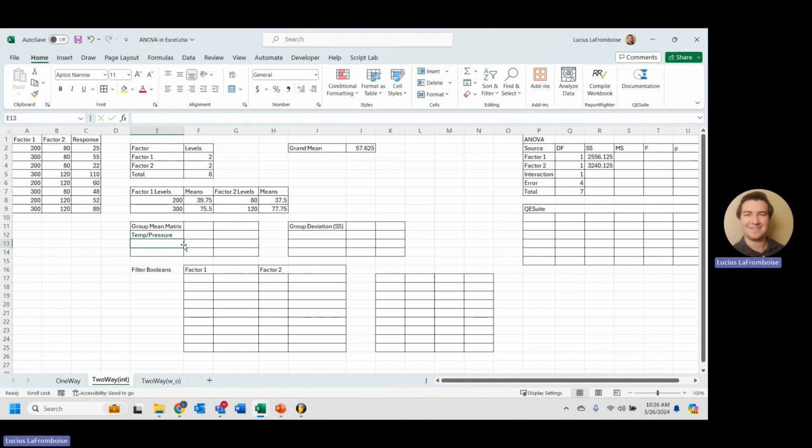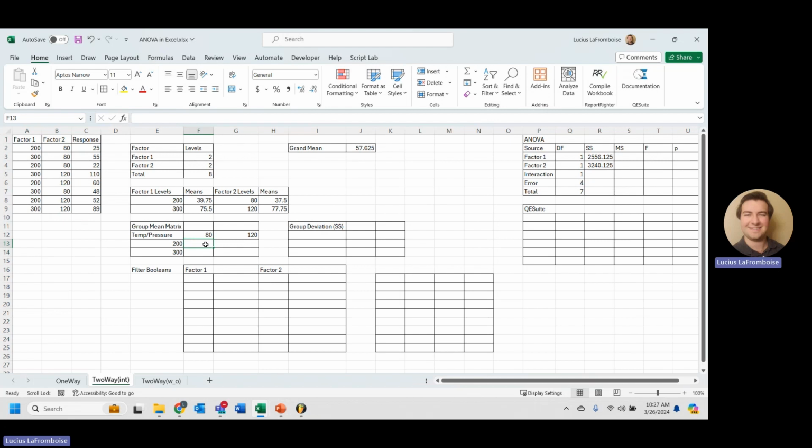So we'll have temp and pressure. These are going to be our temp values, so equals unique, and then we're going to select this, so we have both factor levels. And then for pressure, we're going to transpose this, and say unique, our factor 2 levels, enter.